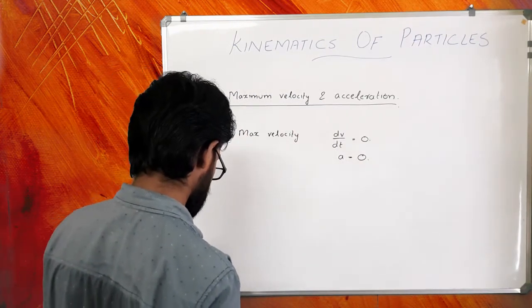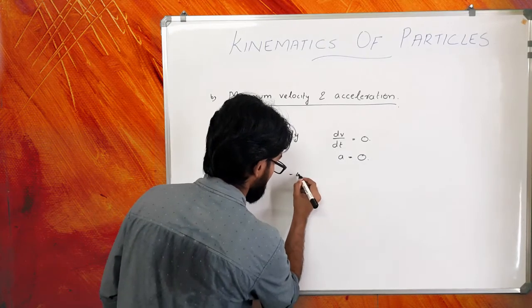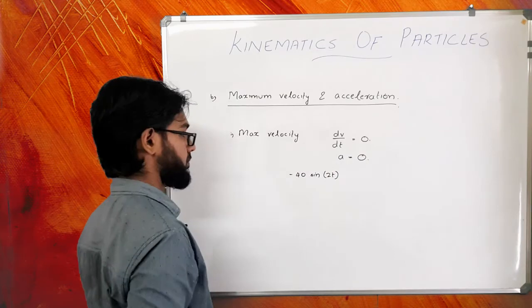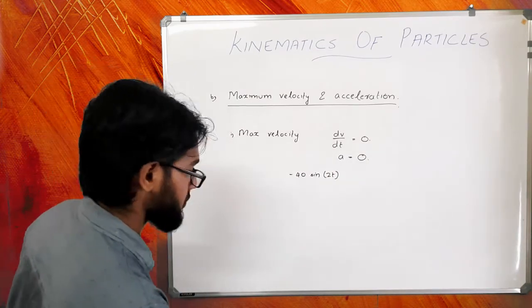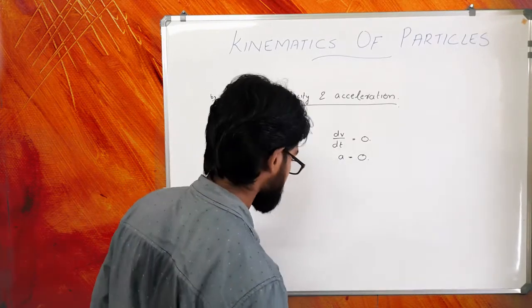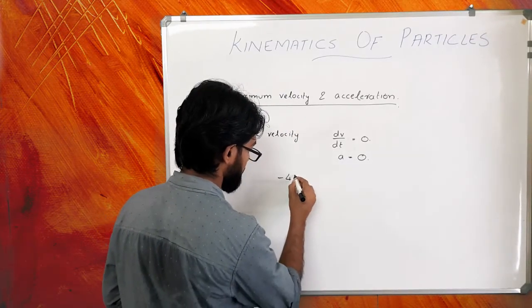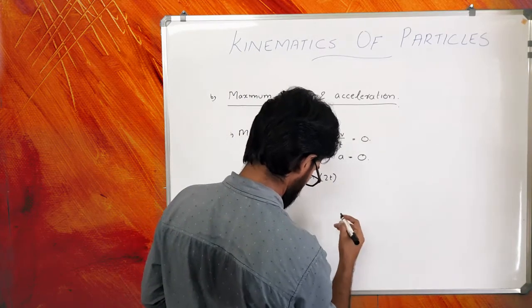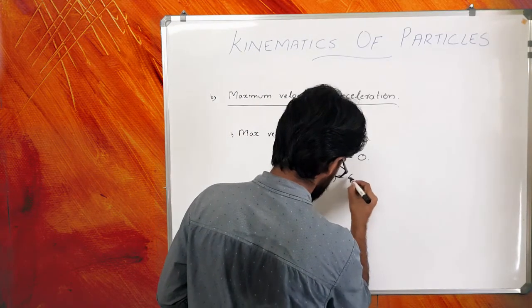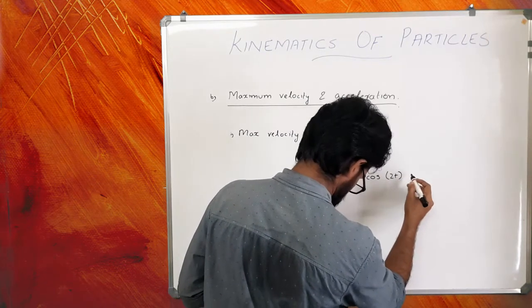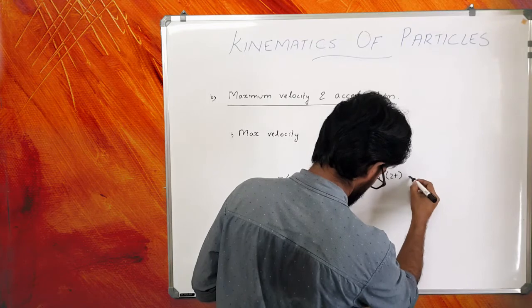Now as such, a is minus 40 sin 2t minus 60 cos 2t. I shall write it a bit bigger. Minus 40 sin 2t minus 60 cos 2t equals 0.